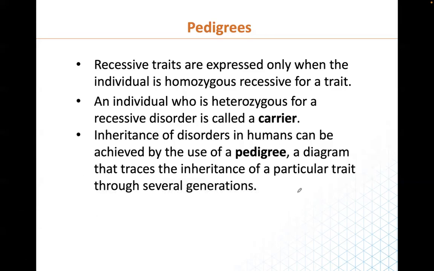Let's say the recessive trait of albino is represented by double lowercase a, and a person with normal melanin is represented by either of these. But because this is a recessive disorder, a person who has this disorder would have the two recessive alleles. An individual who is heterozygous for a recessive disorder is a carrier.